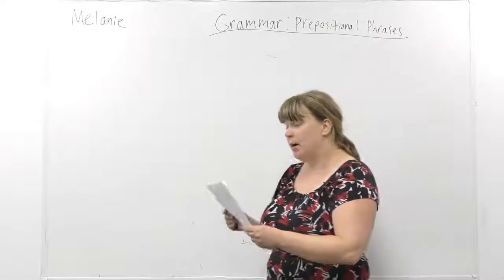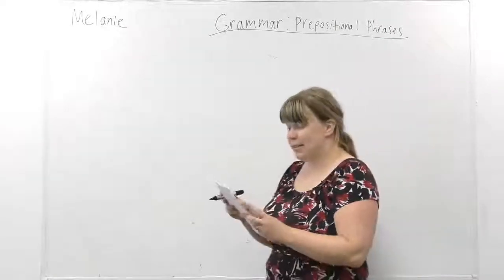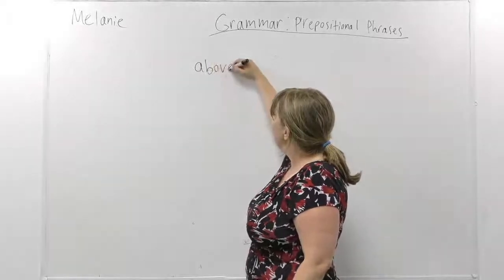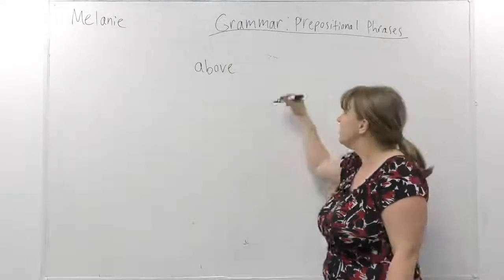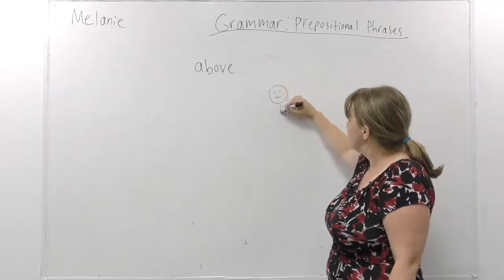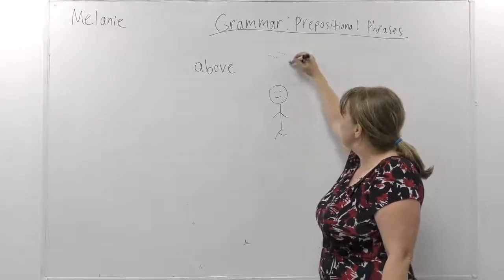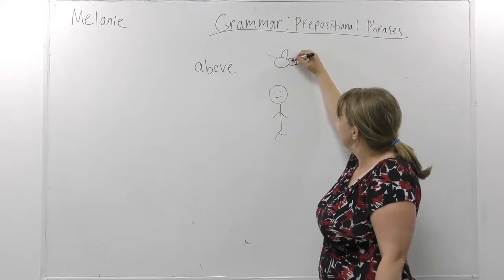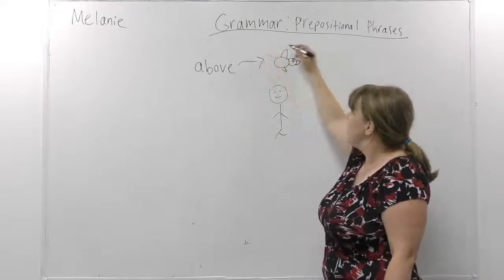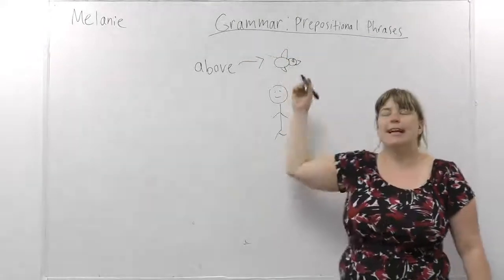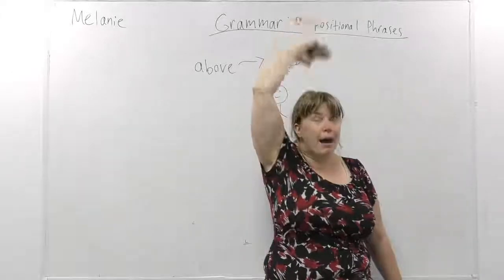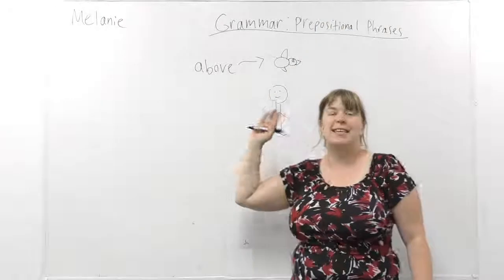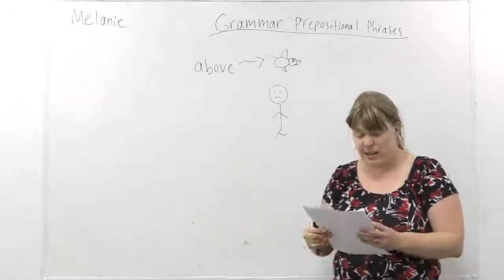All right, so more prepositions. Okay, so we have above. For example, here is me and here is a bird. So this bird is flying above me. So the bird is higher than me. So that's what above means.